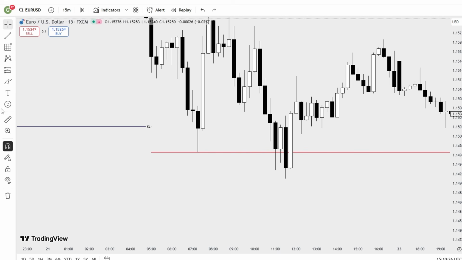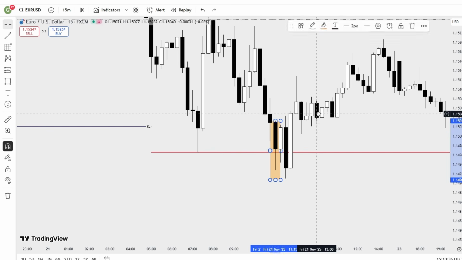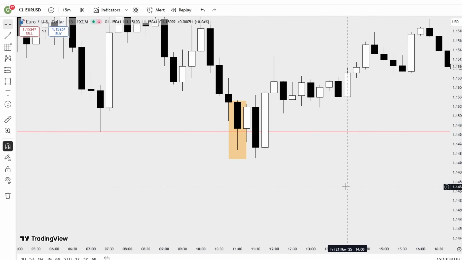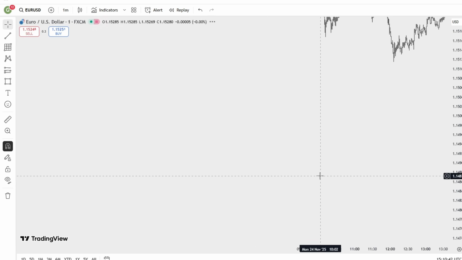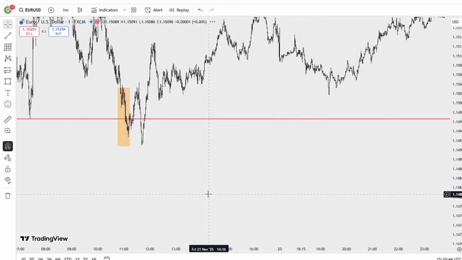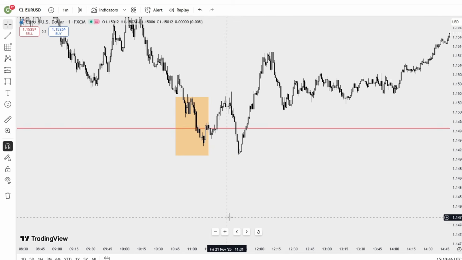So I'm going to mark down this candle that ticked the liquidity right here, right? This 15-minute candle that stabbed the liquidity, for you guys to see. Because I want to show you, if you drop to the 1 minute, what you're going to see in this candle.